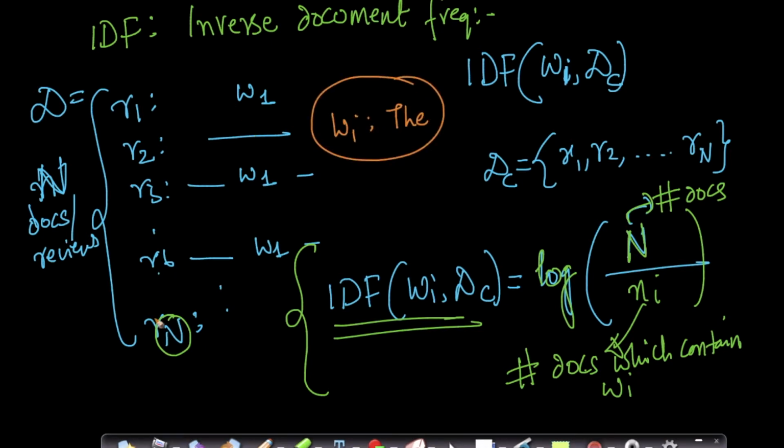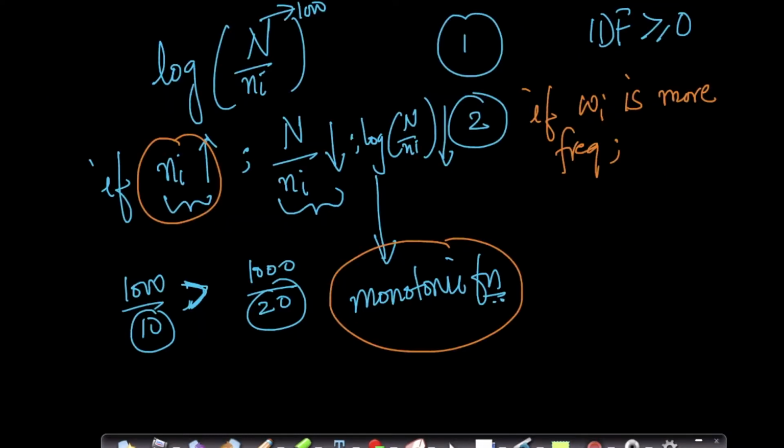The occurs in almost all the reviews, so the value of Ni will be close to capital N because it occurs every time. So if Ni is large, it means Wi is more frequent in my corpus, then the IDF will be lower.